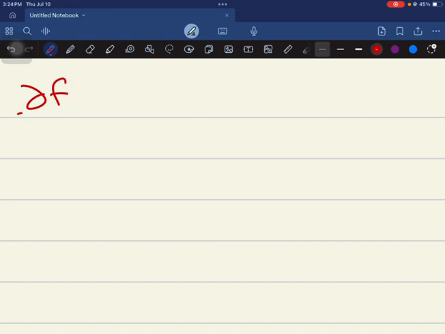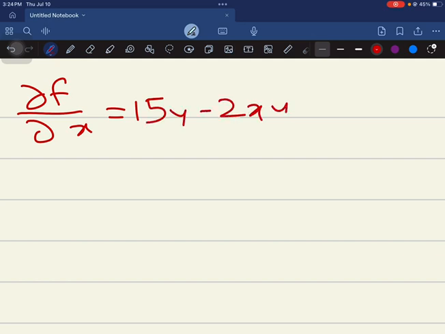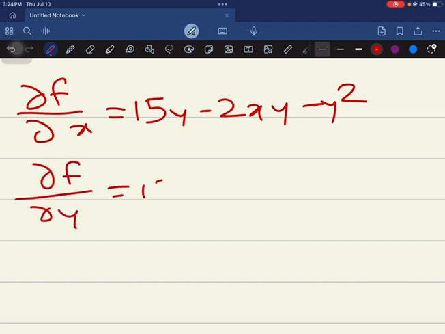With respect to x, we get 15y minus 2xy minus y square, and with respect to y, we get 15x minus x square minus 2xy.